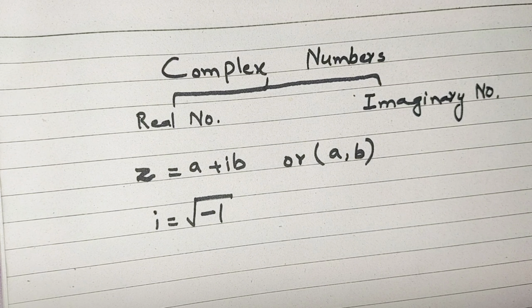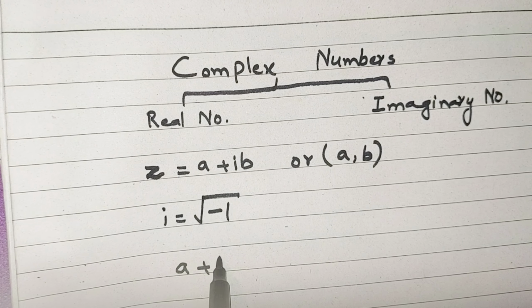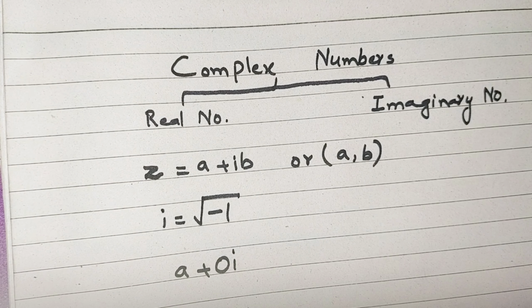Also, every real number can be written with an imaginary part of zero, like this, when we have A plus 0 iota. This represents a complex number, but here the imaginary part is 0.